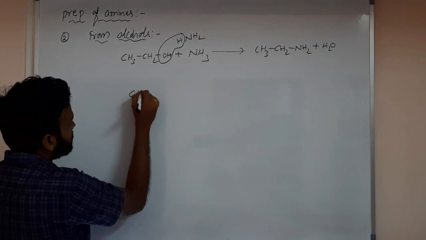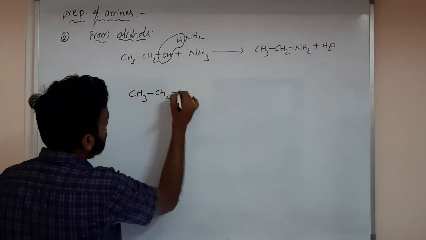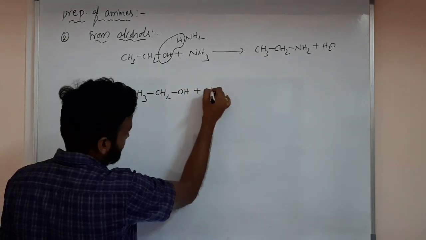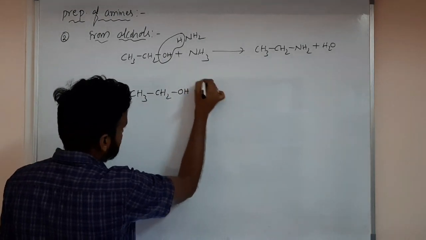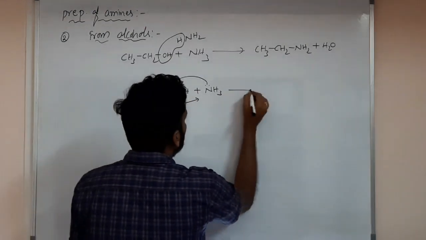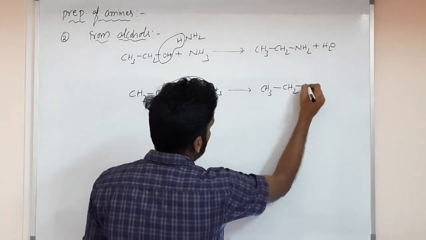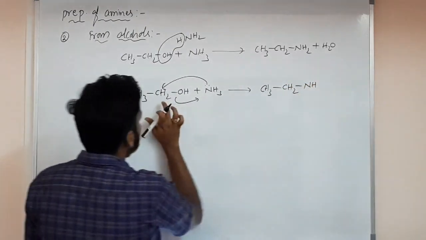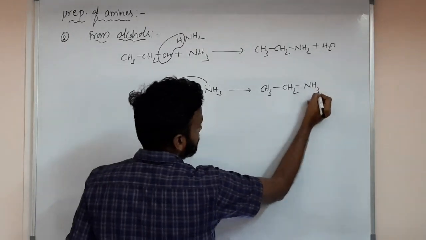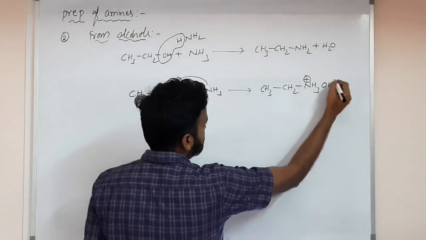Just like previously, with CH3CH2OH and NH3, the nitrogen comes over here and OH goes. It forms CH3CH2NH3+ and OH minus.